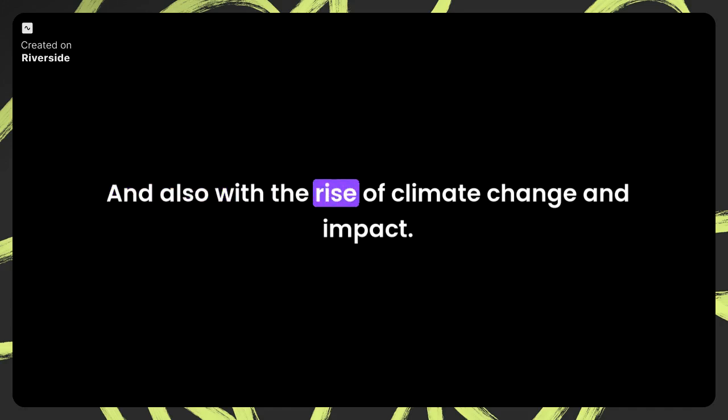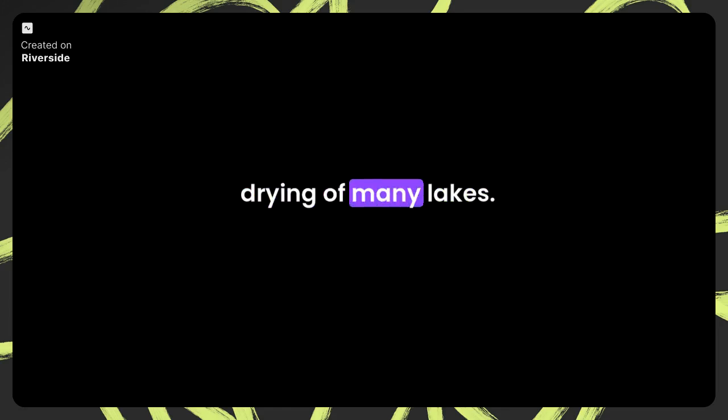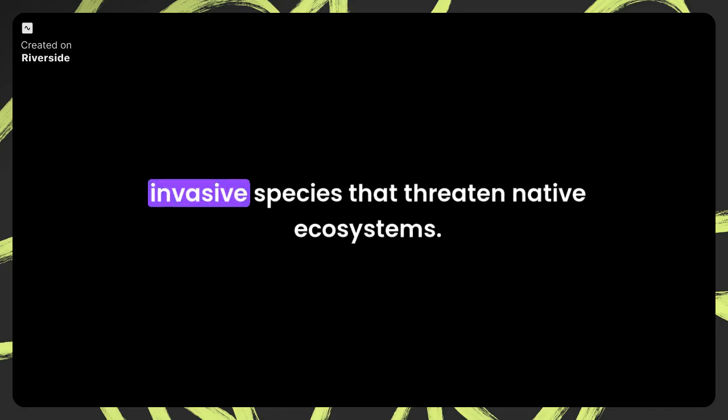And also with the rise of climate change and impacts on many countries, for example, the deforestation of the Amazon rainforest or the drying of many lakes, environmental conservation can be done using gene editing by controlling or eliminating invasive species that threaten native ecosystems.